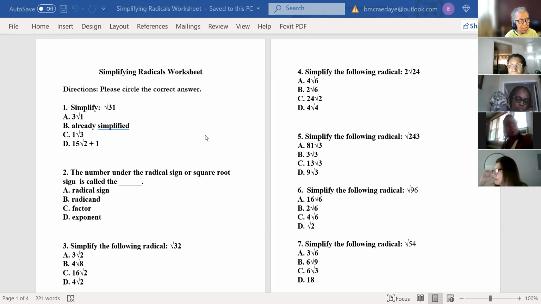Alva, number 1, simplify the square root of 31. Now, can you think of any factors you can multiply and get 31? What are two numbers you can multiply and get 31?